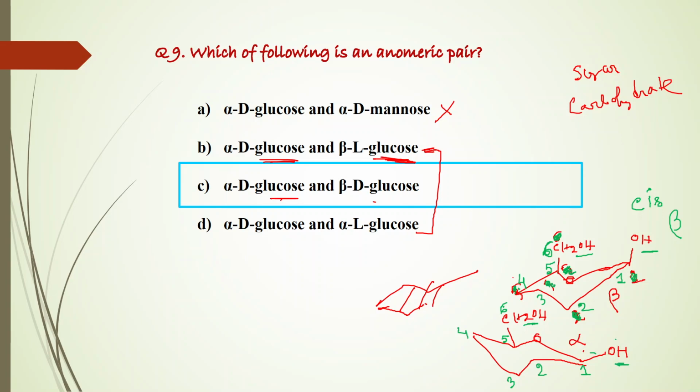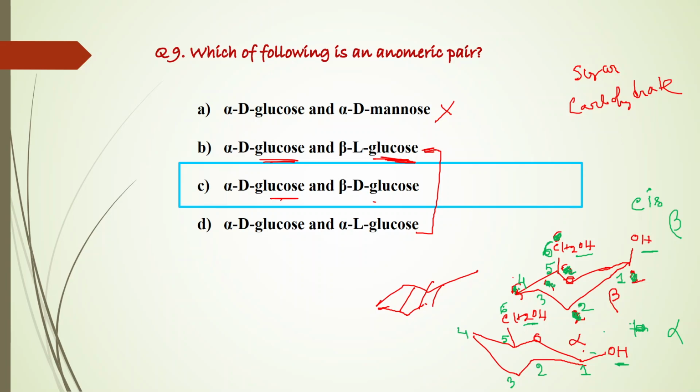So that means they are not in the same direction, they are in the opposite direction. That means they are known as alpha. So whenever you see the CH2OH group and the OH group at the first position are in the same direction or in the cis direction, we call them beta, and whenever they are in the opposite direction or in the anti direction, we call them alpha.